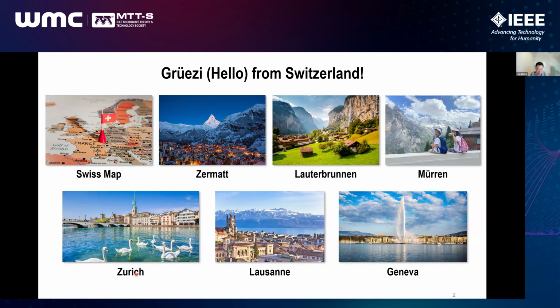Here are three major cities in Switzerland. Of course, there are others. This is Zurich, a view of the Limmat river connecting to the Lake of Zurich, and Zurich is where ETH Zurich is located. This is the city of Lausanne, a very beautiful city right next to Lake Geneva, where the famous university EPFL is located.